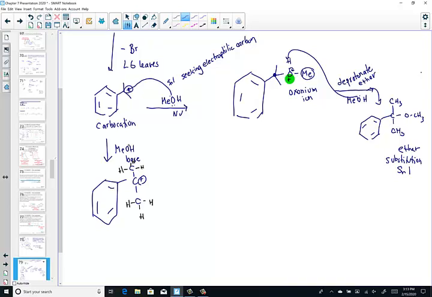So this time when the methanol reaches out for a beta proton, that bond then collapses and you form the elimination product.